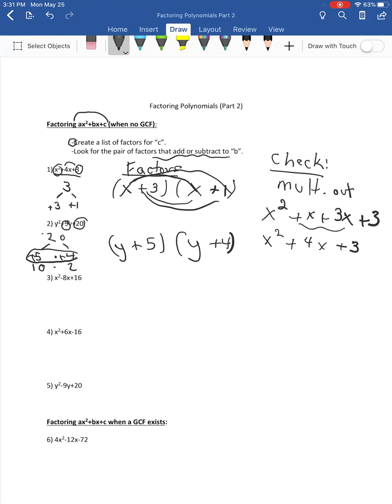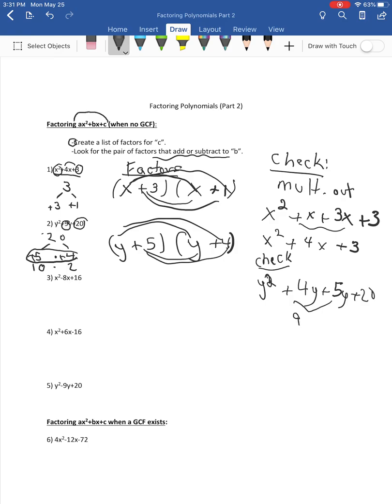And if we multiply back out, y squared plus 4y plus 5y plus 20. And that's our 9y. So we do have the correct factors.